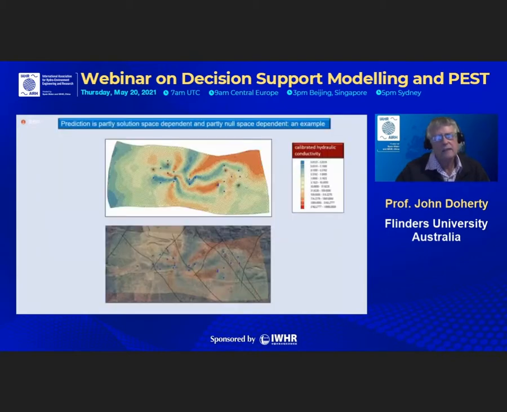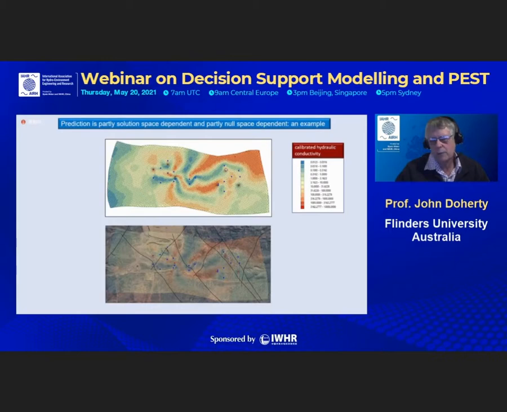And patterns like this emerged through the history matching process. Now, some of the patterns followed the stratigraphy. Some aspects of the patterns followed what was known about the geological structure. Some aspects of the patterns were a surprise.